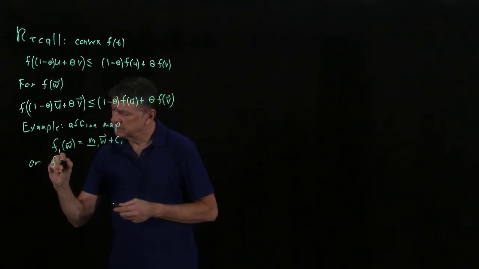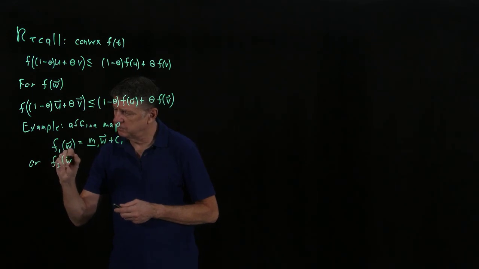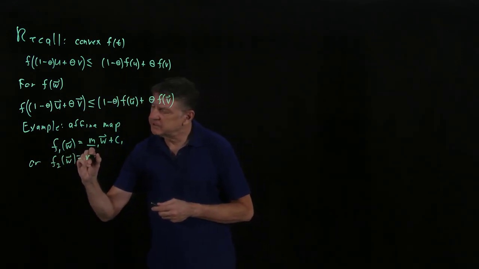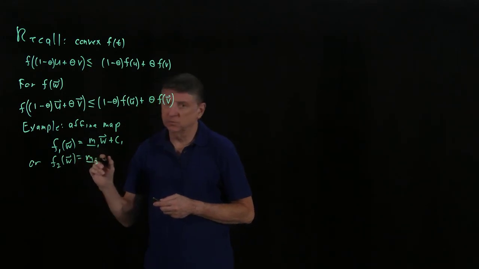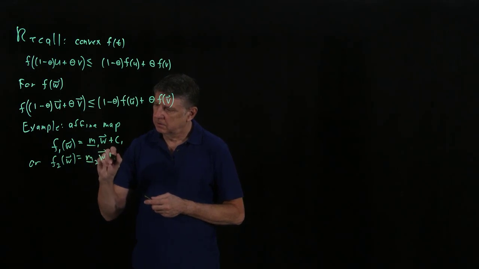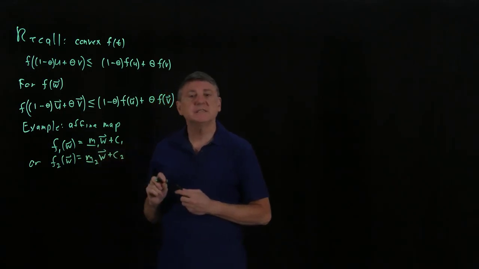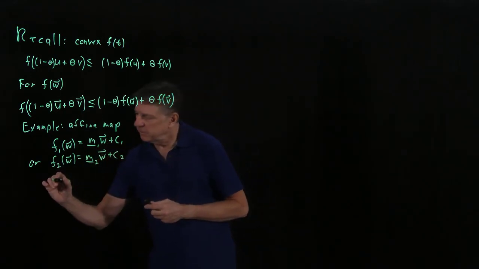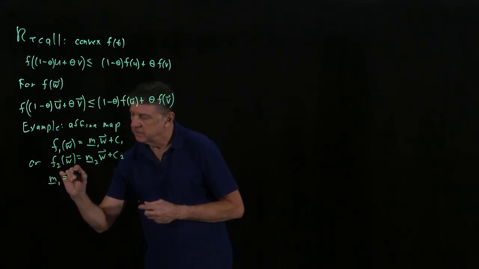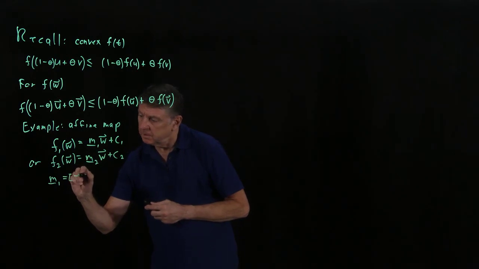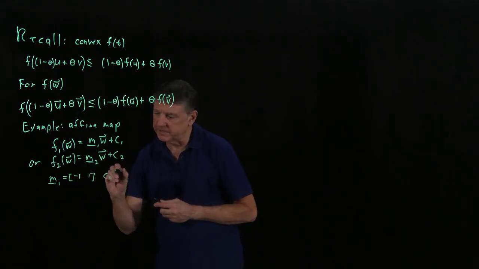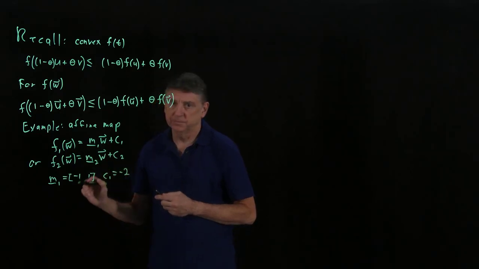And we might have another function. So imagine we have function 2, and it is also an affine map. So it is some possibly different one form plus c2. Now let's take some concrete examples. Suppose we set one form 1 to be minus 1, 1, and let's say that our constant offset is minus 2.